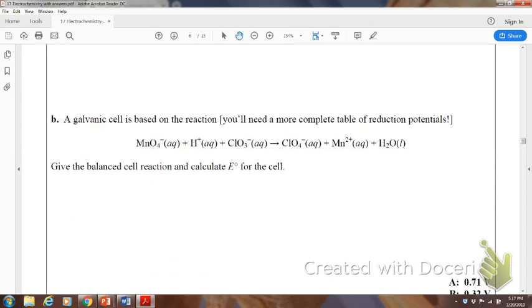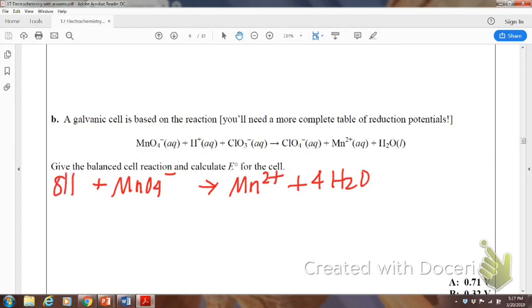Okay, so we're going to do the manganese, MnO4-, going to Mn2+. Well, we just did that a while ago in the previous slide, so I'm just going to give it to you. That gives you 4 water, and then it gives you 8 hydrogen, right?